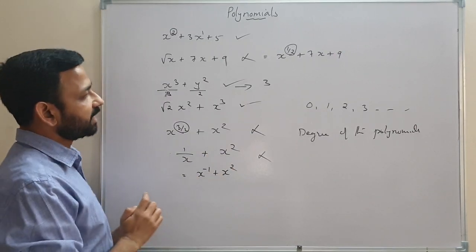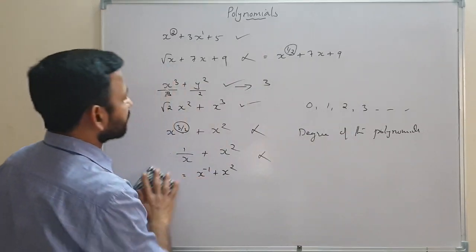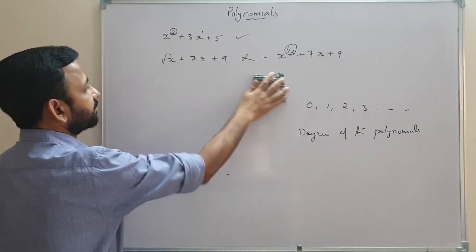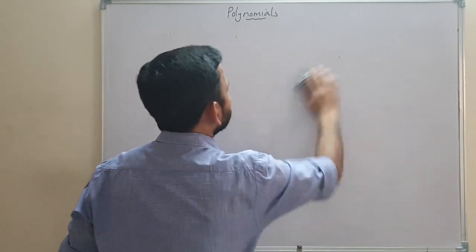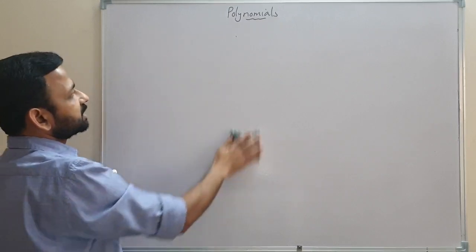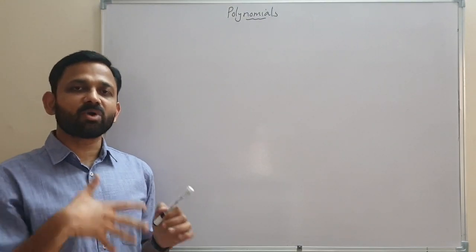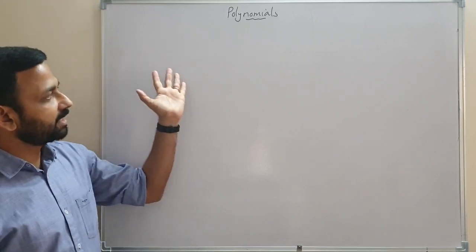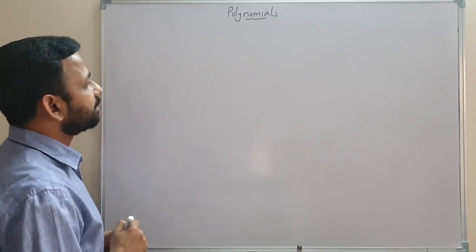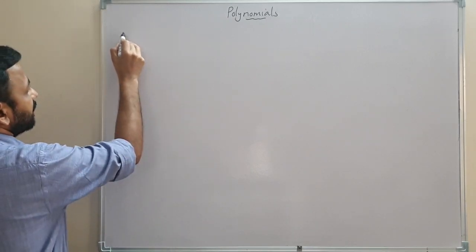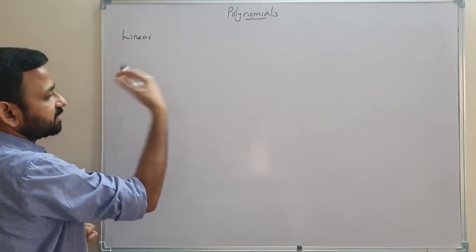Now we are going to learn different types of polynomials. In class 10, we learn polynomials in one variable. We have polynomials in one variable or more than one variable, but here we learn polynomials in one variable. So we have three types of polynomials here in 10th standard.